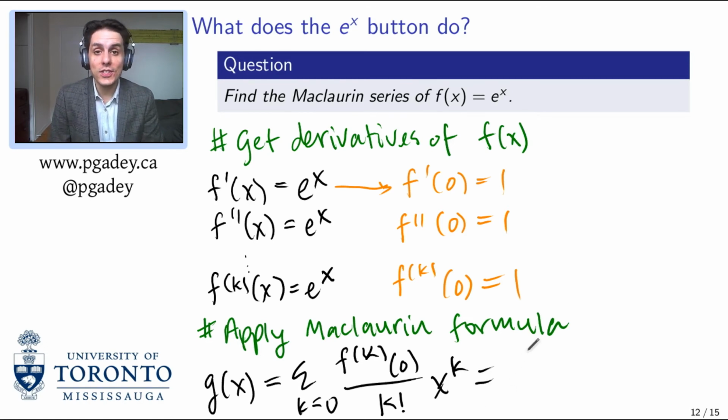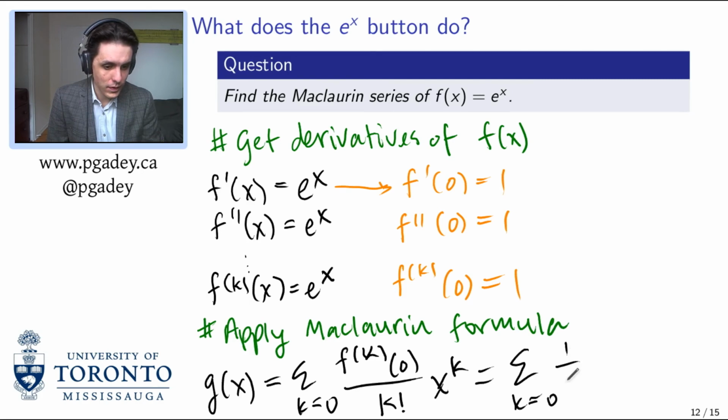Substituting in that kth derivative, we get 1 over k factorial x to the k. Beautiful power series representation of the function e to the x.